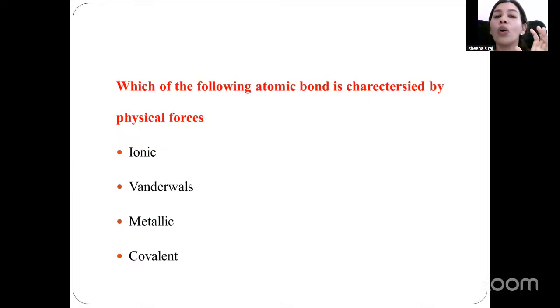The primary forces are those where there is electron exchange, so there is a proper bonding between the atoms taking place. But in the case of secondary forces, there is no electron exchange taking place. Instead, only a physical force is involved. In this option, ionic is a primary force where electron exchange is seen, so that is not the answer.